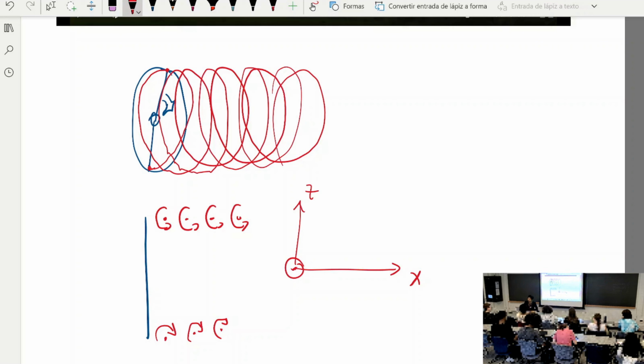Now you can actually compute using these vortices, if you assume each vortex has a circulation of gamma, and if you assume the spacing between these vortices is d, let's say, okay, you can actually compute how strong the jet is. Okay, how?